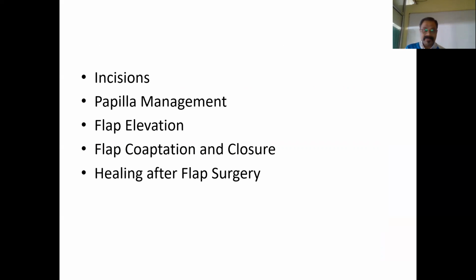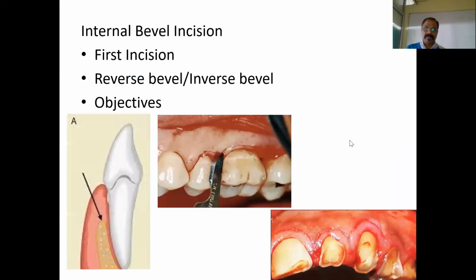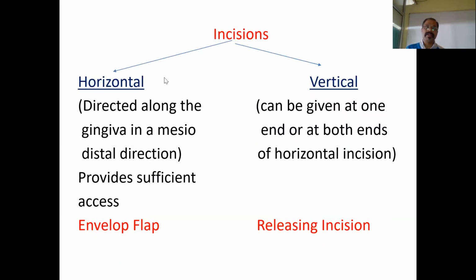So let us see what are the incisions which are used in periodontal surgery. Incisions can be broadly classified into horizontal incisions and vertical incisions. When I say horizontal incisions, it means these are the incisions which are directed along the gingiva in a mesiodistal direction. Okay.